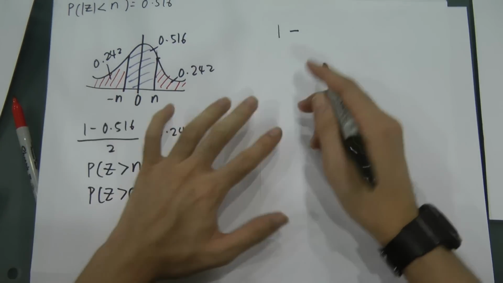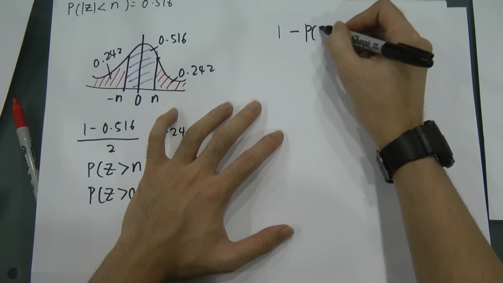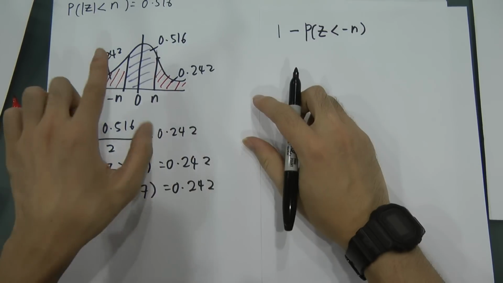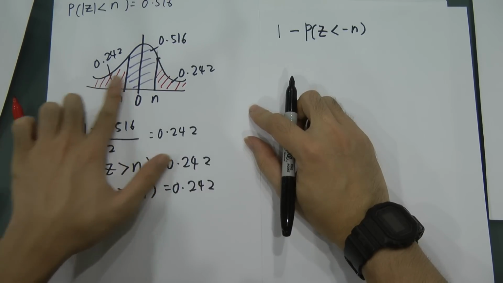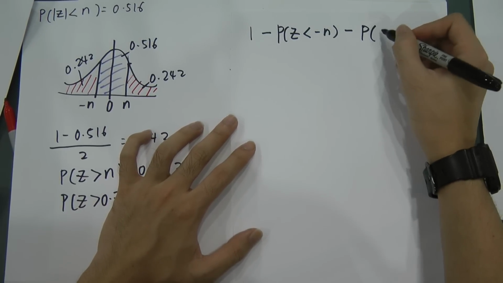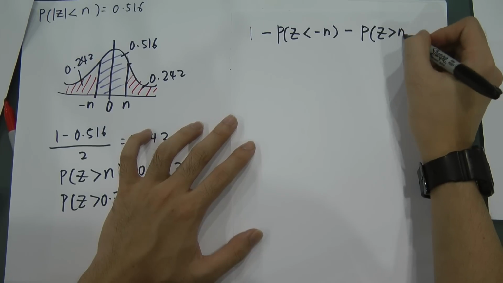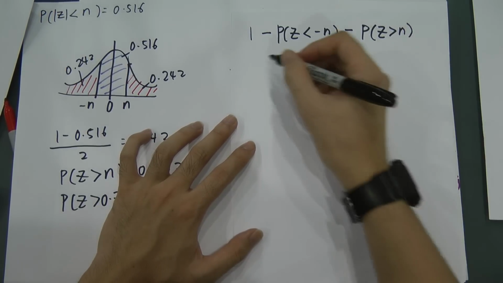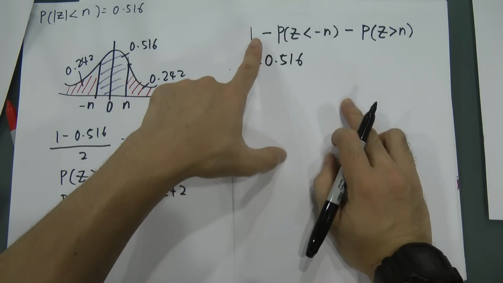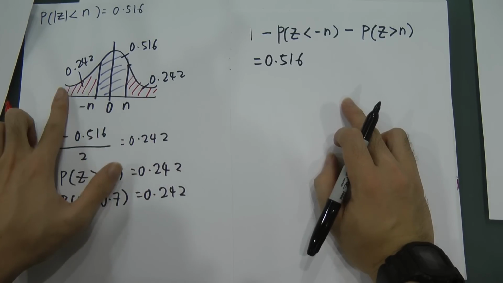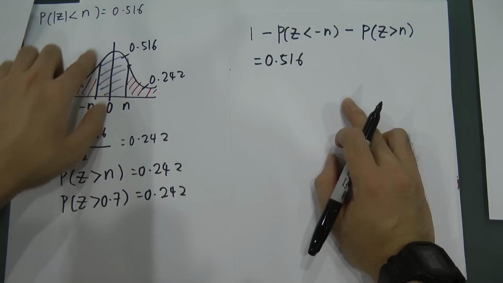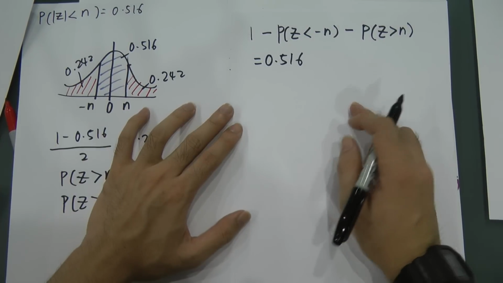So this area is called what? Probability z is smaller than negative n, because negative n is here, smaller means go this way, and then I minus again probability for z bigger than n, I will get 0.516. It means I use total 1, I minus this area, and then I minus this area, I will get the middle one.